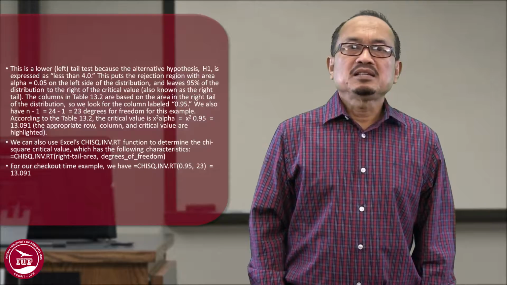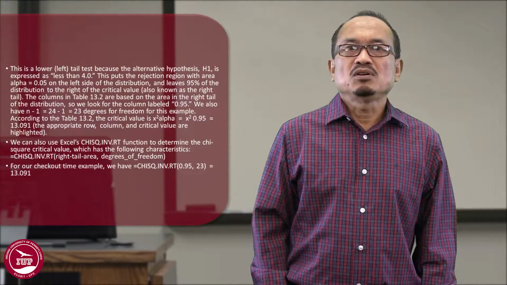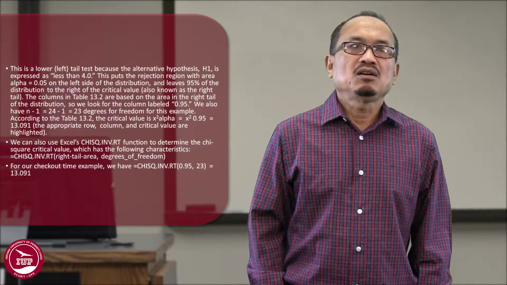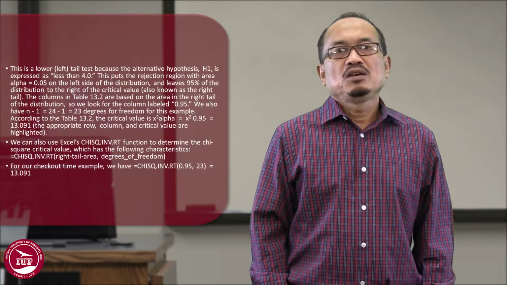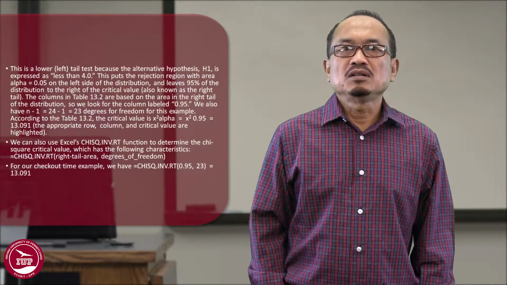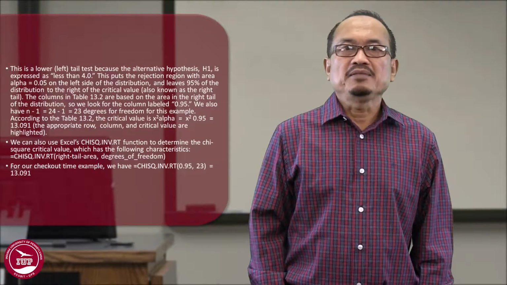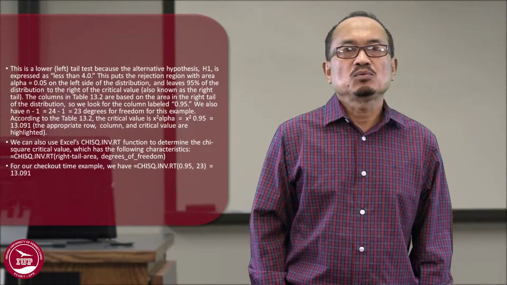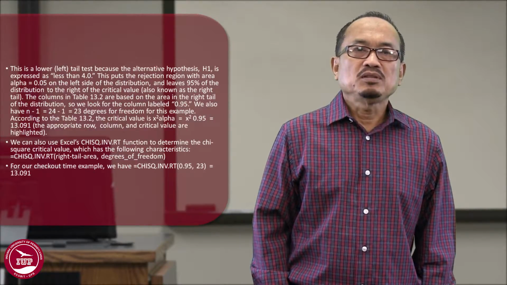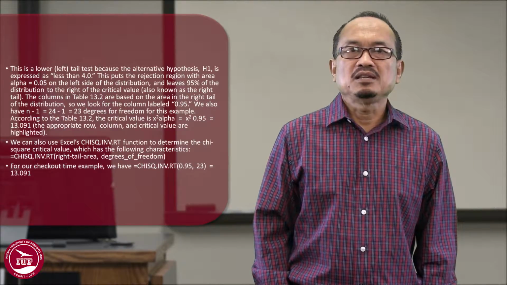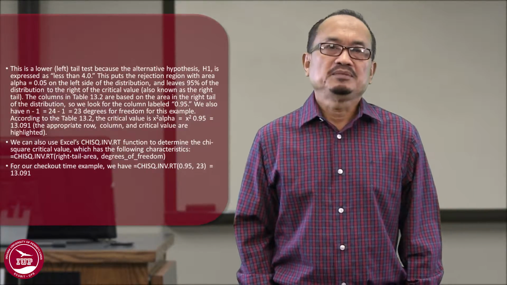The columns in table 13.2 are based on the area in the right tail of the distribution, so we look for the column labeled 0.95. We also have n minus 1, or 24 minus 1, is 23 degrees of freedom for this example.